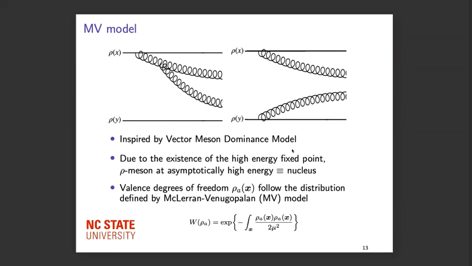For SU3 charges, it has been shown that it is a Gaussian distribution plus a small correction. So it's certainly justified in a certain regime that we can use this Gaussian distribution to sample the so-called valence degrees of freedom.